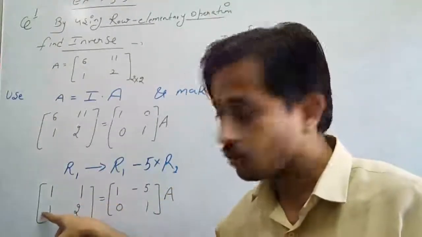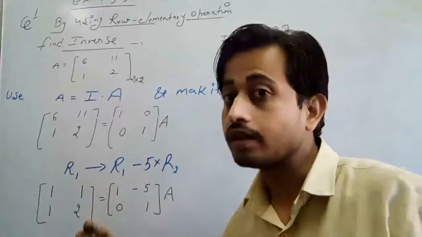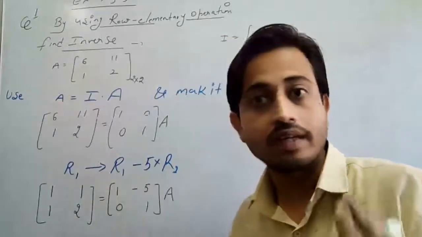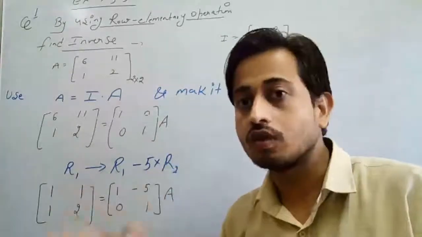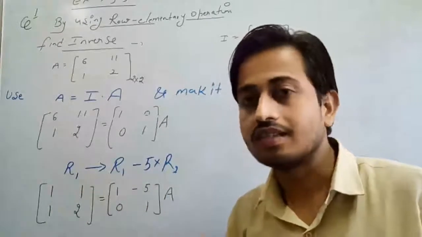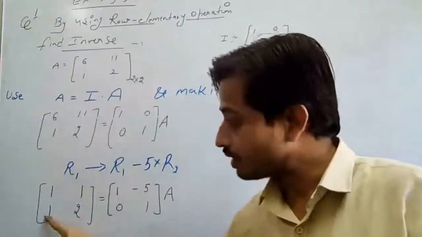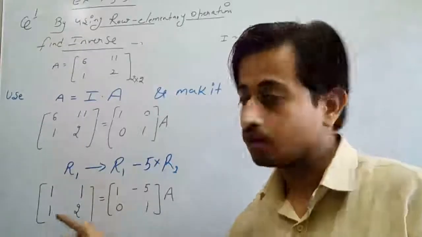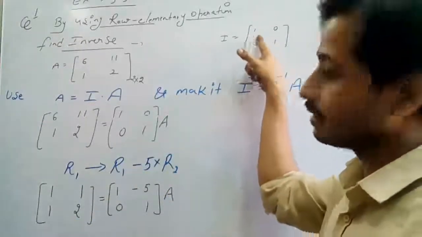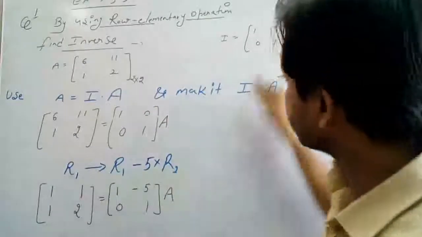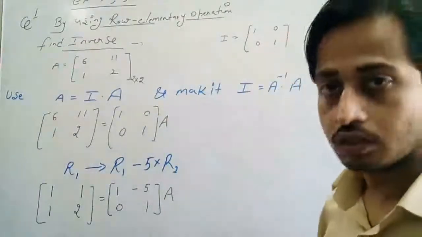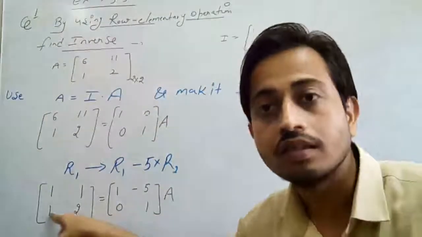In this we have 1, and from 1 we have to obtain 0. If we cancel out 1 minus 1, there is an option to get 0. It means we have to subtract 1 minus 1. 1 is present in our second row, because we are making the second element 0, so we are applying the operation on the second row.